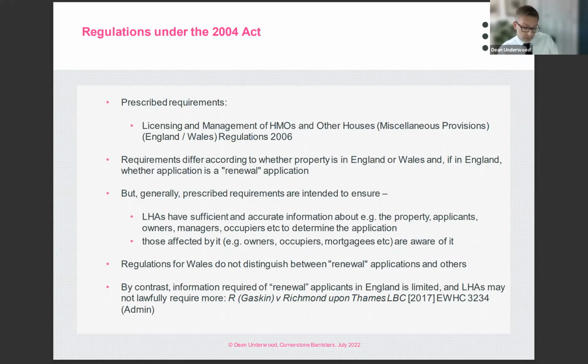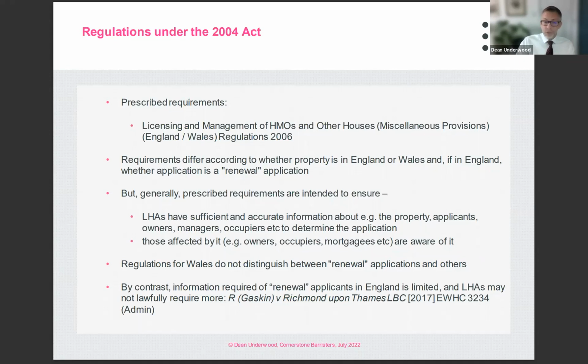We should also emphasise there's nothing unlawful in our view in requiring the applicant landlord to sign a declaration, as Mr. Gaskin did in the present case, as to whether there's been any material change in the information submitted to the housing authority since the previous grant of a licence. So what you cannot do, therefore, is require a renewal applicant to provide any more information than is prescribed by the 2006 regulations if you are an authority in England.